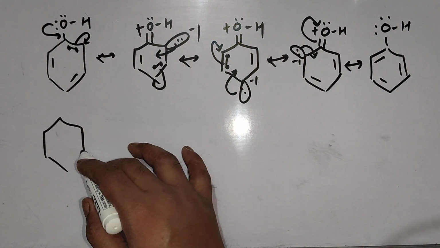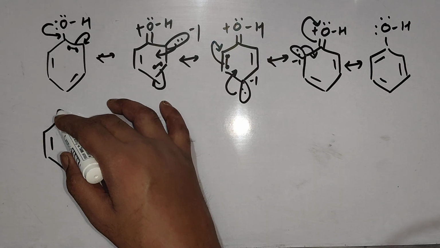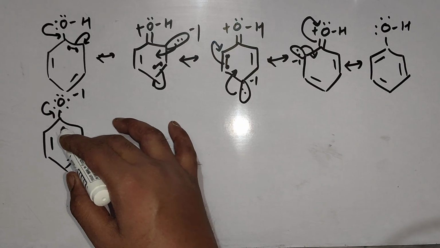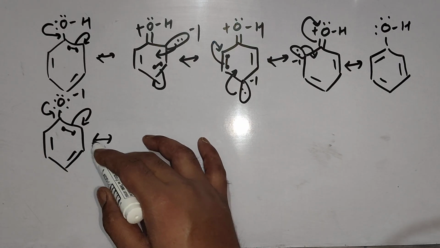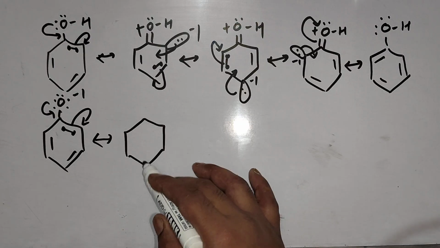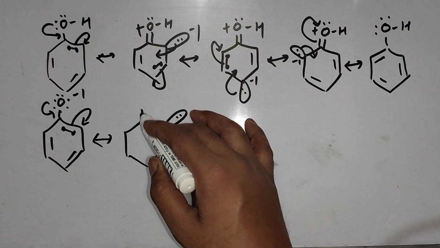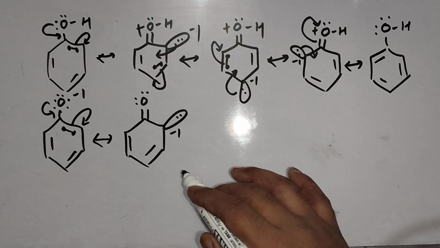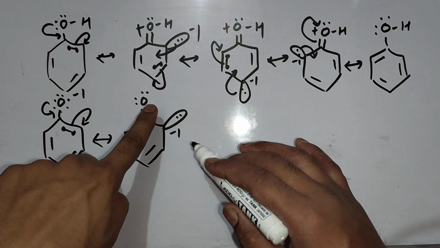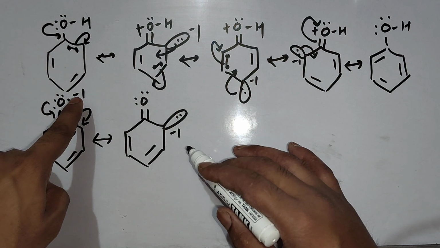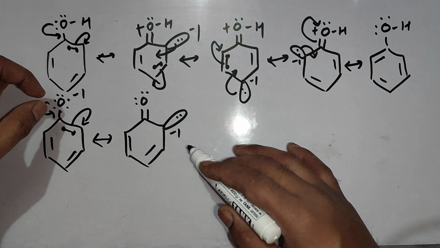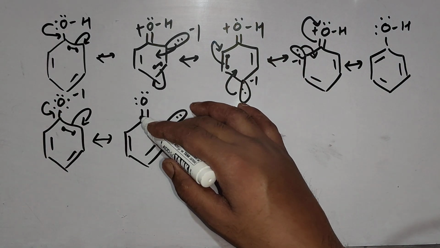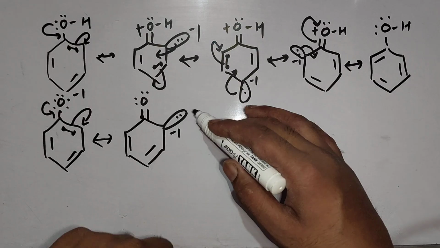Now if I draw the resonance of phenoxide ion, in the same way, now on this oxygen positive charge will not come because the negative charge it already has due to the extra electron, and when it has shifted these two electrons here, one electron has completely transferred toward carbon, so its negative charge will finish.